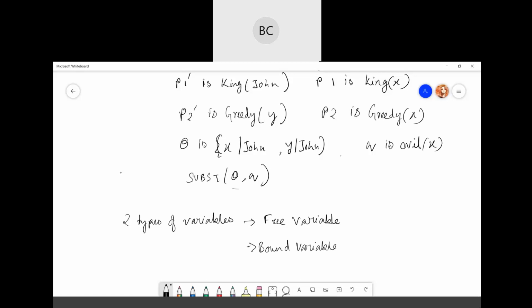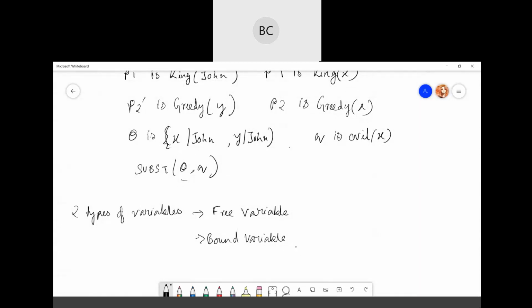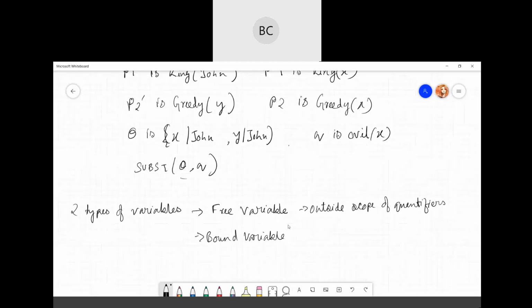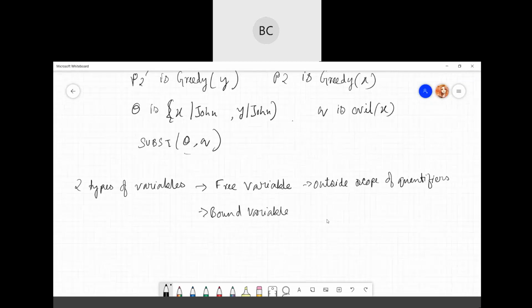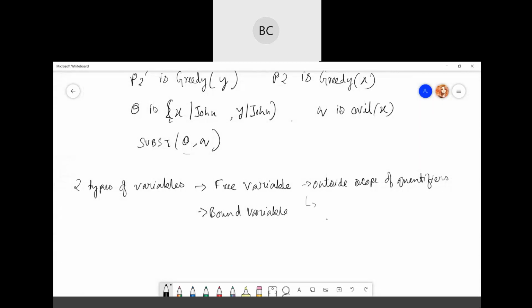A free variable is one that occurs outside the scope of the quantifier. For example, for all x there exists some y, P(x, y, z). So z is the free variable here.